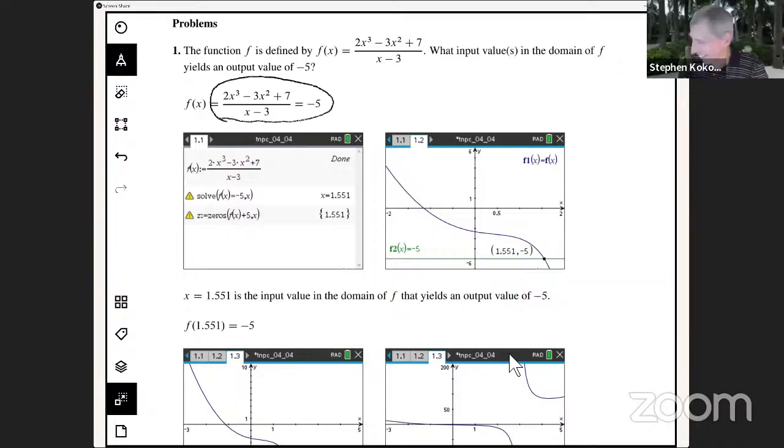Okay, thanks, Vic. So the first thing I'm going to do in my Nspire is define a function f. So I have defined that function on a calculator page, and now I can use that named function. One way to find an input value here is to use the solve command. So this reads kind of like the following. Solve the following expression, f of x equals -5, for x.